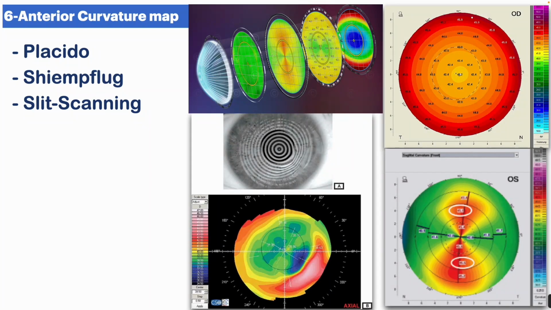Finally, the anterior curvature map, as I told you, either by the topography or by the tomography. It's named the anterior curvature map.